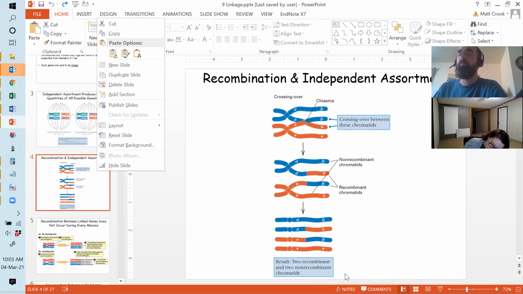These are also called recombinant chromosomes because they're the result of recombination. They have a different collection of alleles. So now you have a chromosome which is recessive dominant, and another one, because it's always a mirror image, is going to be dominant recessive. These are chromosomes that were not present at your birth as an individual. They're new combinations.